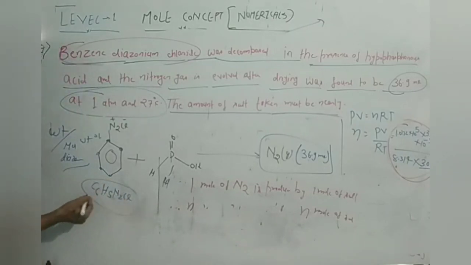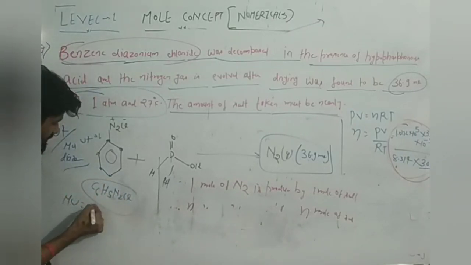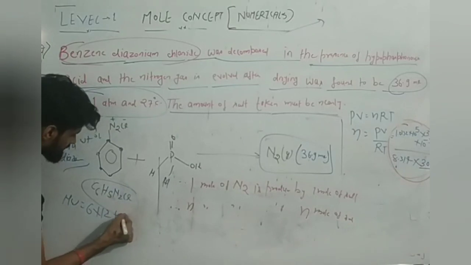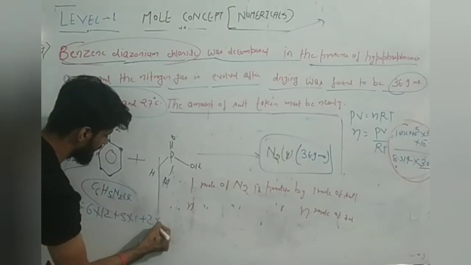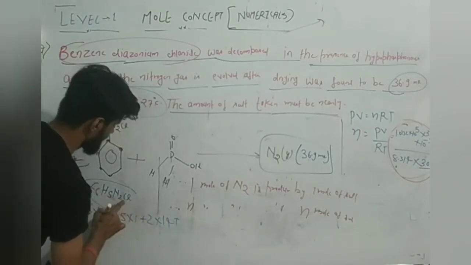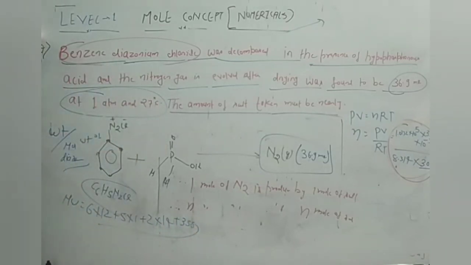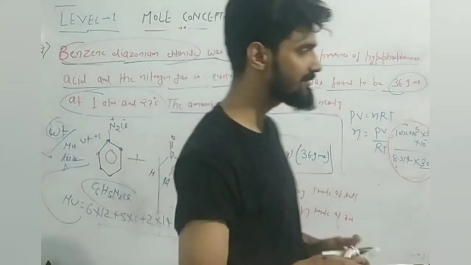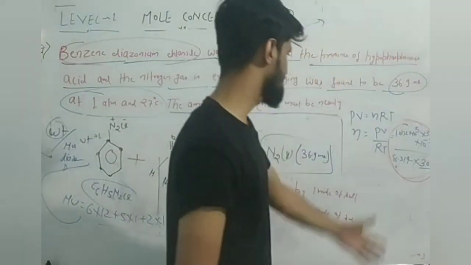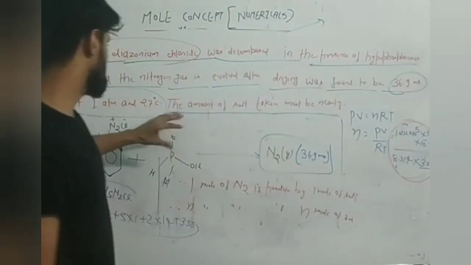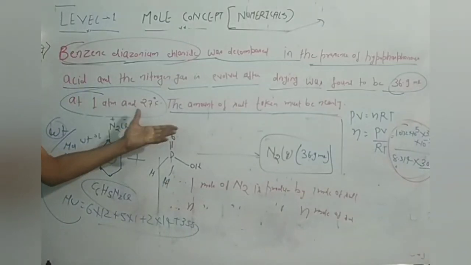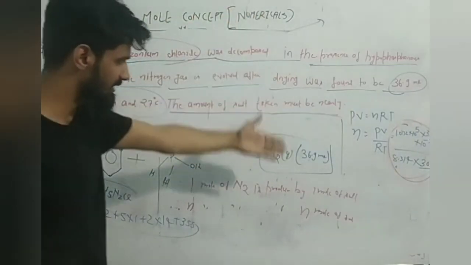So the molecular weight is equal to 6 multiplied with 12 plus 5 multiplied with 1 plus 2 multiplied with 14 plus chlorine 35.5. From here you get the molecular weight of the diazonium salt. Substitute this and multiply with the number of moles, and you will get the weight of diazonium salt required to produce that volume of nitrogen gas at 1 atm, the prevalent condition of temperature and pressure for this numerical.